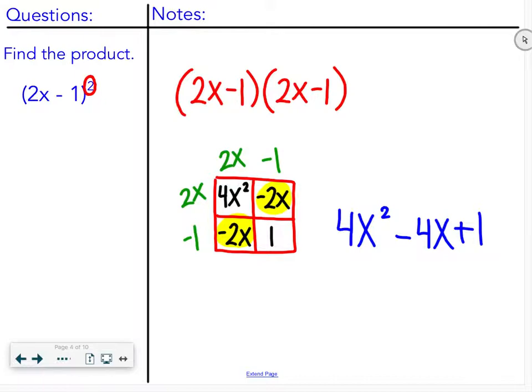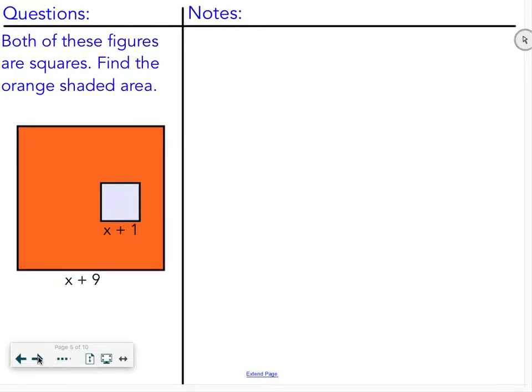All right, last one. We have to find the area of the orange shaded part of our two squares. We've got two squares, and we need to figure out the area of the orange part. The way we're going to do that is find the area of the outside square. If the bottom is x plus 9, then this side has to be x plus 9.